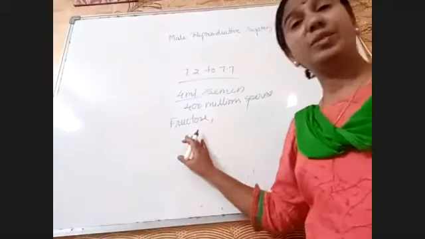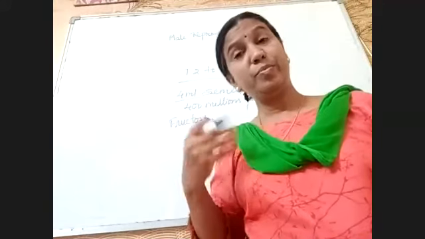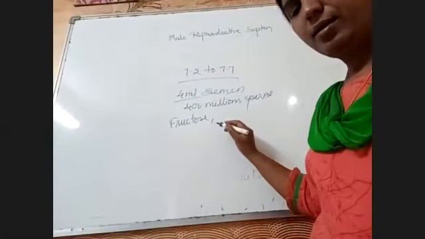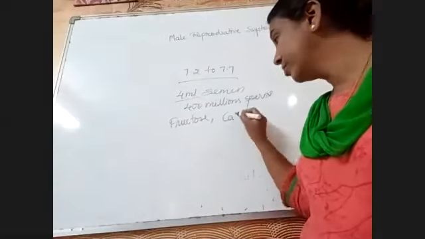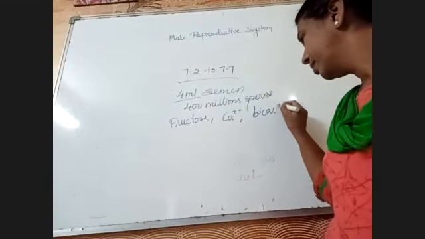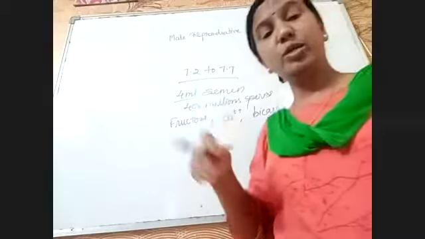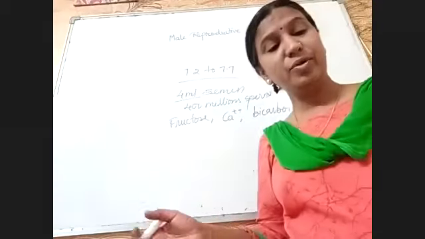What is the function of this fructose? It will provide energy to the sperms. Then some calcium and bicarbonates are also present in this semen, which will neutralize the acidity of the vaginal fluid.